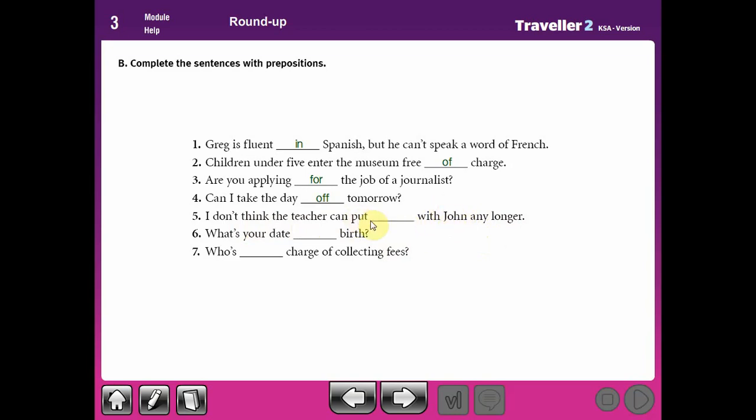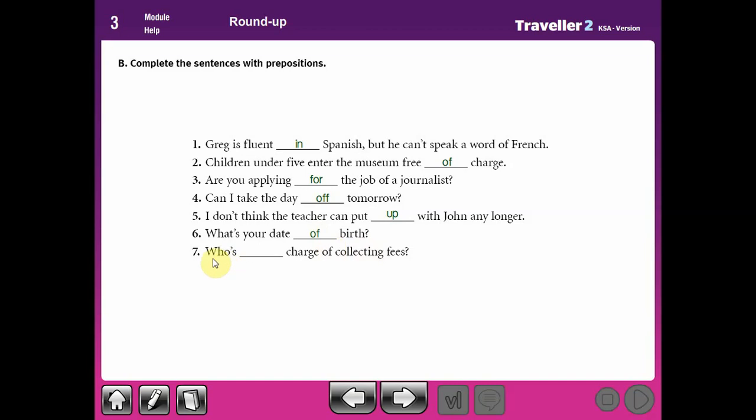So the teacher can put up with him, and put up with means to tolerate him, to be in a good relation with him, right? What's your date of birth? If I'd like to ask about the time when you were born, I can say what's the date of your birth, right?